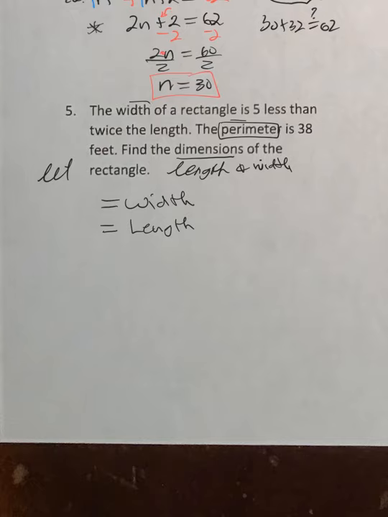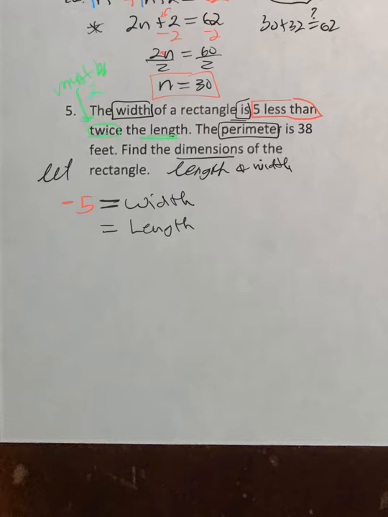So the width of a rectangle is, so there's the word width is, and then it says it's 5 less than. So 5 less than means we have to do 5 subtract. And then it says twice the length. So twice means to multiply by 2.